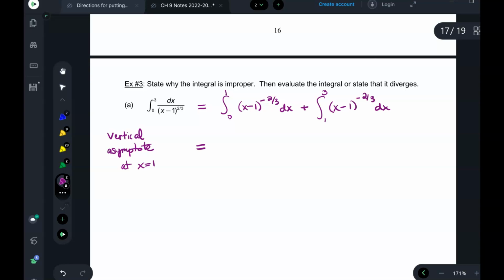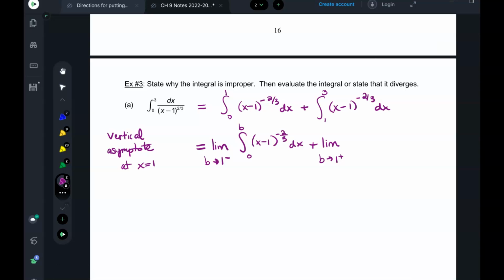And now I'm going to write each of these with the limit. So this one's going to be the limit as b approaches 1 from the left, and then the integral from 0 to b of x minus 1 to the negative 2/3 dx, plus the limit as b approaches 1 from the right, and that's going to be b to 3.